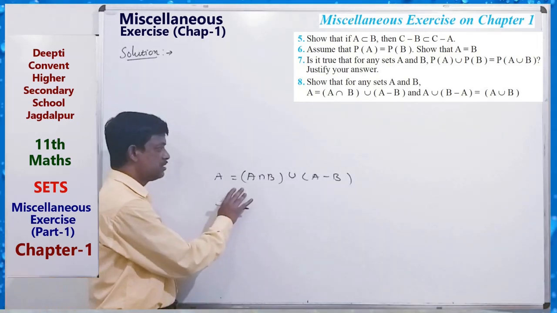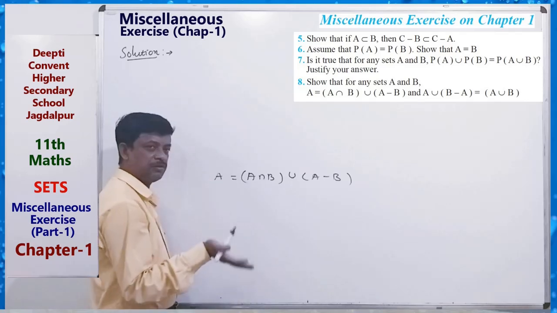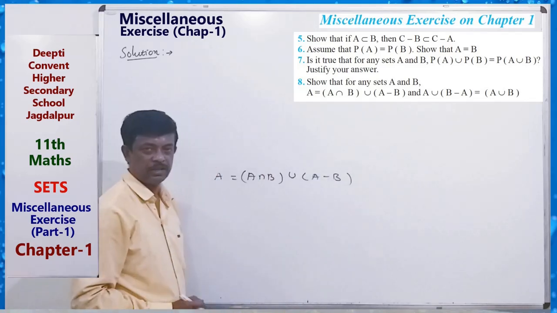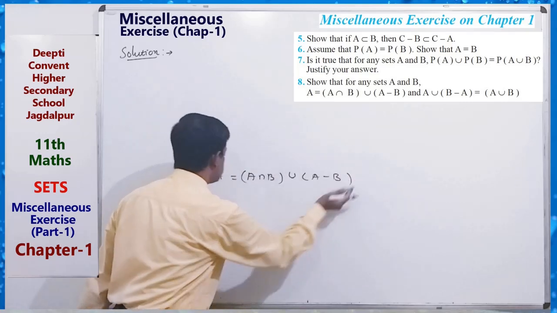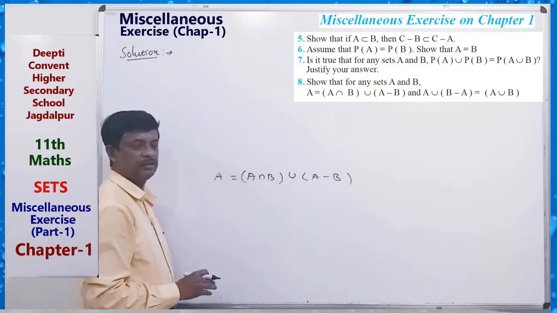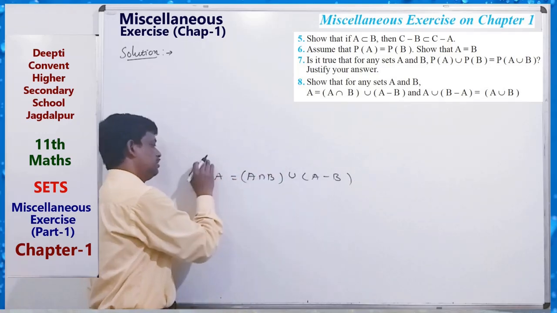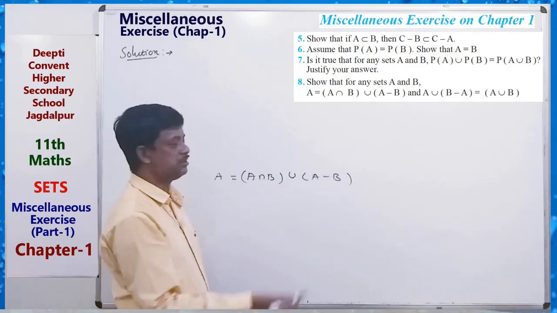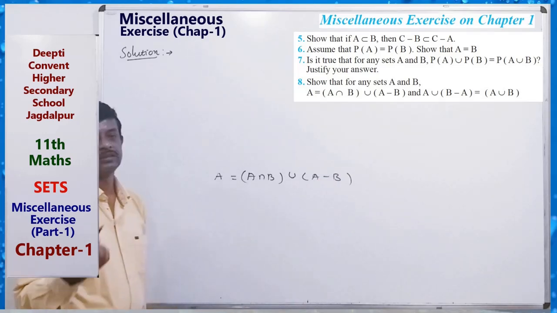So for this, first of all, show A is a subset of the total, and then also show this total is a subset of A. This is a subset of this, and this is a subset of this. Then we can say this equals this. By using this technique, you can solve it.